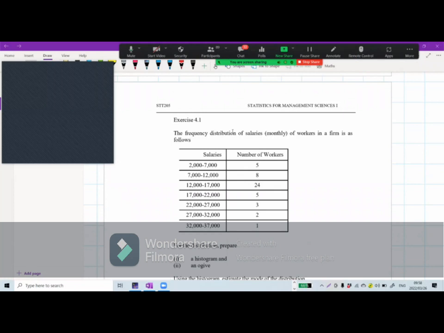You can see that the class interval is the same range. Not that one is overlapped and the other one is not overlapping. They make sure that the range, the way you arrange it, is the same. For example, if I ask you to calculate the class limit for this one, you can calculate it. If I ask you to calculate a class mark for this one, you can do it. Add the two together, divide it by 2. Because the way you measure the class interval in this case is different.